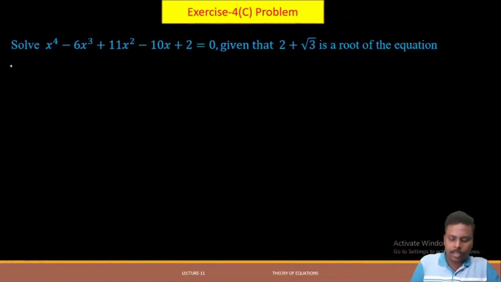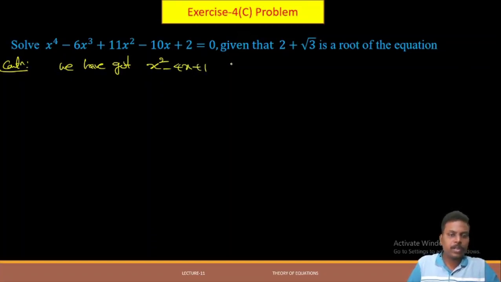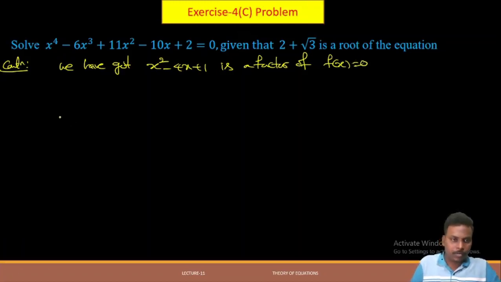Here is the continuation. So we have got x square minus 4x plus 1 is a factor of f of x is equal to 0.